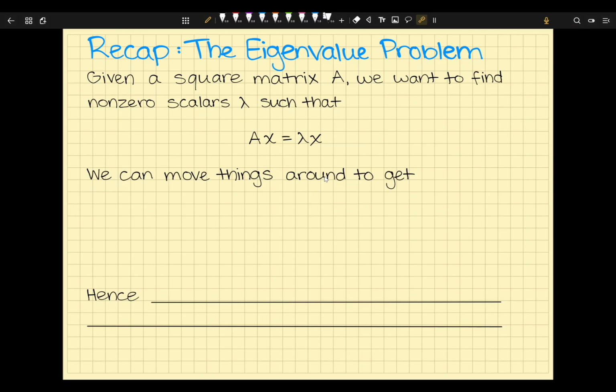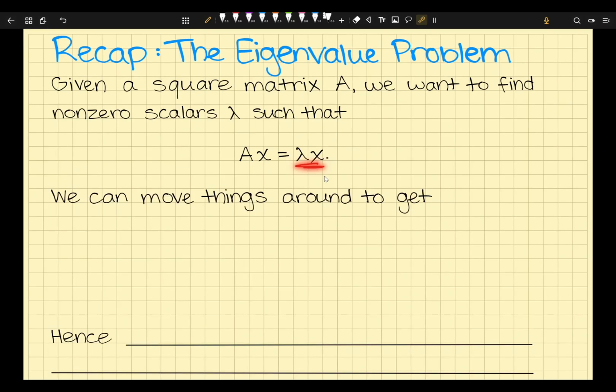What's interesting about this problem is that x is some vector such that when you multiply it by your matrix, all it does is it gets scaled. That's what lambda is. Lambda is the scale factor of this x vector. And so we want to find all such non-zero scale factors that have a solution to this equation.